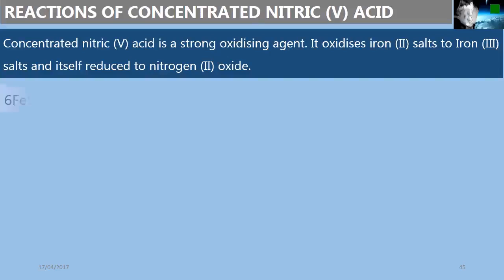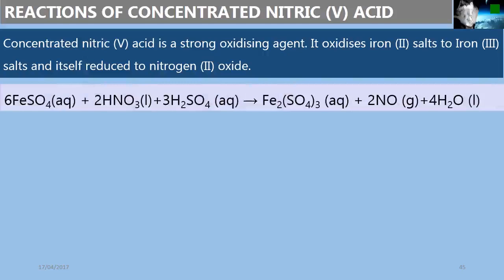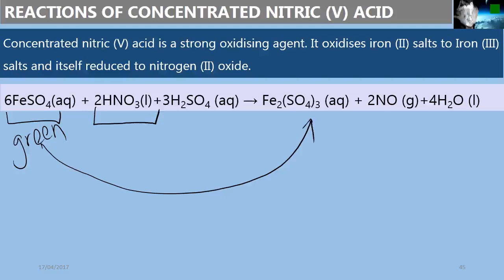For instance, when concentrated nitric acid is added to acidified iron 2 sulfate, which is green in color, it would turn yellow, which would mean it has formed iron 3 sulfate.